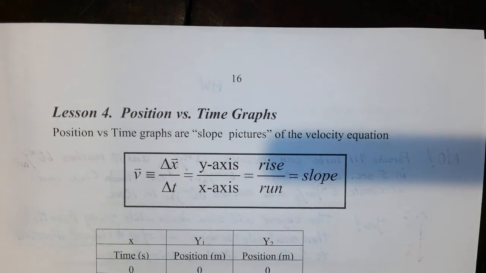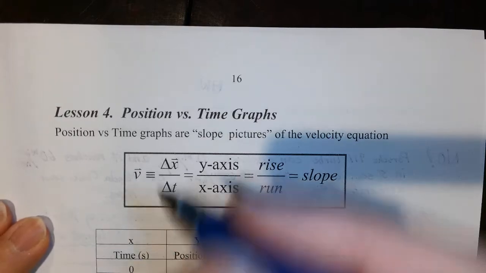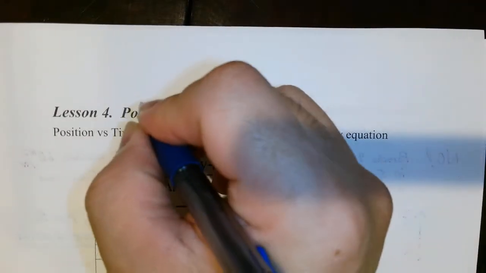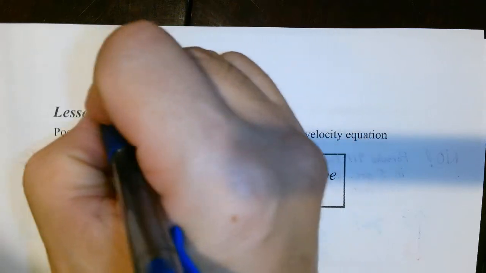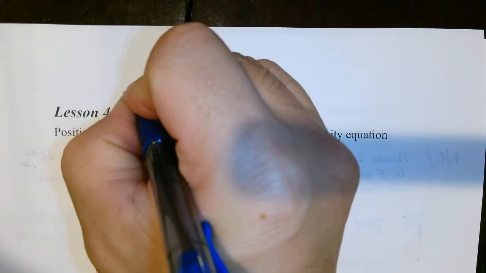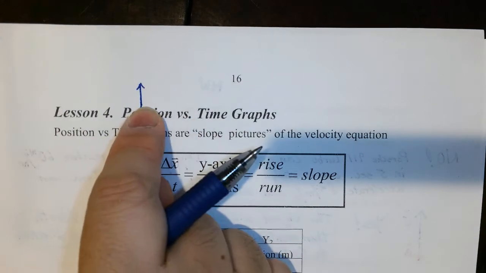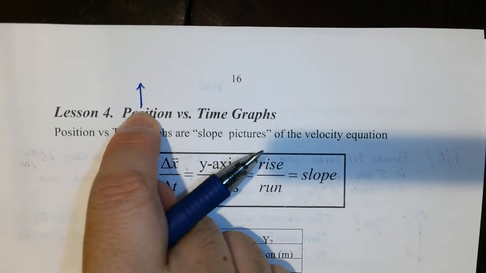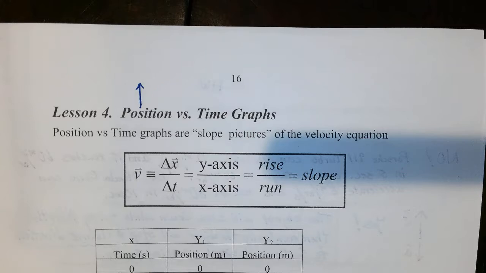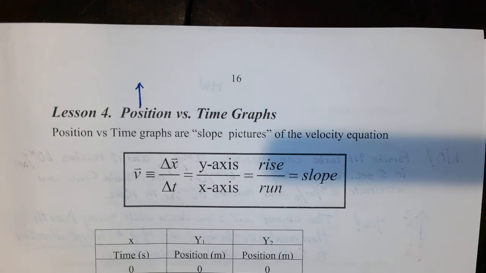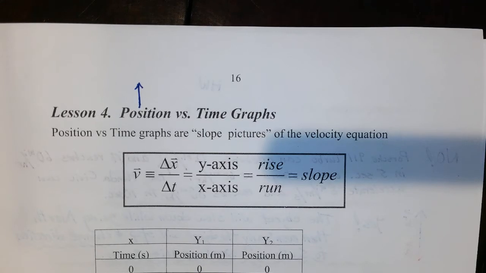For those of you who are math orientated, it's the y-axis, right? So position will always be the vertical axis. I don't like to use the y-axis because this vertical axis can represent many things. It can represent position, velocity, acceleration. So it's just not y, right?